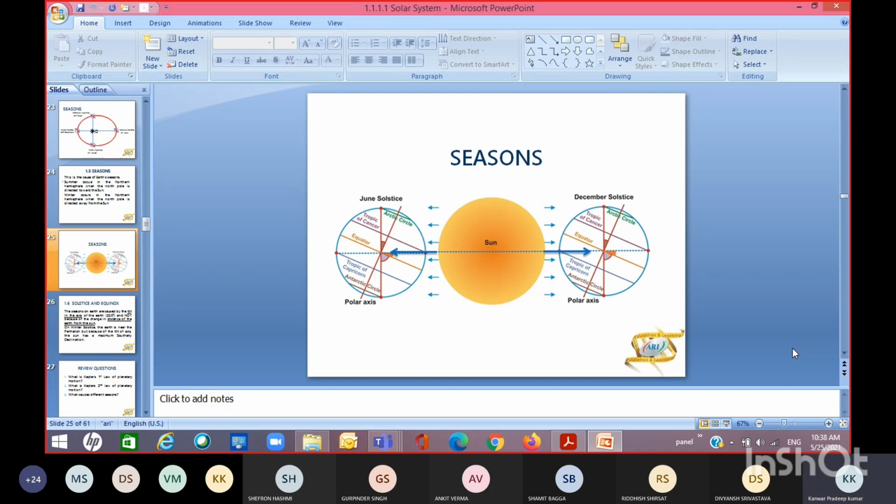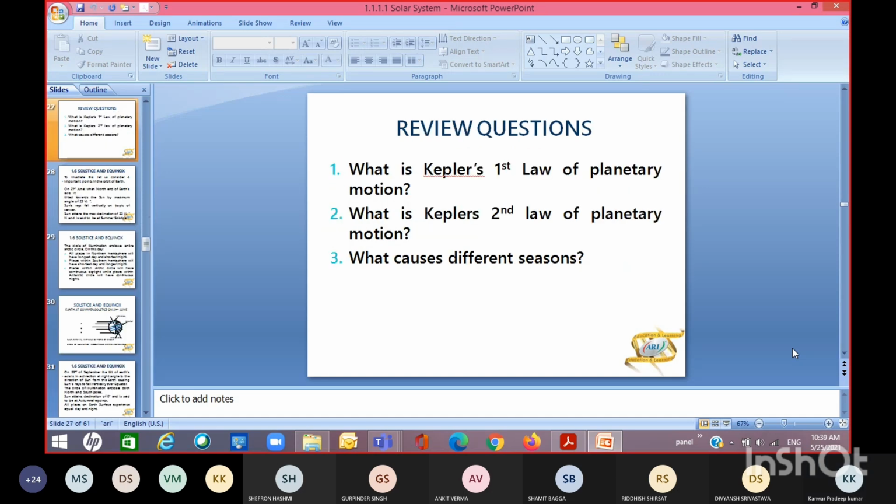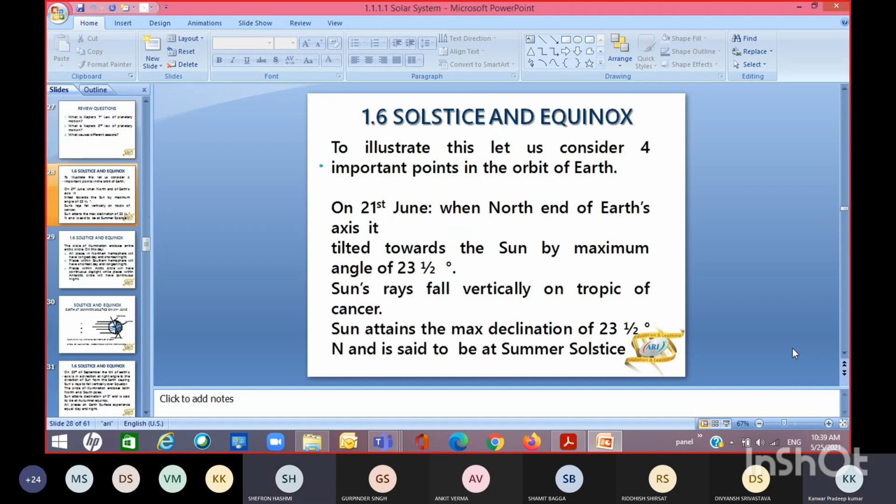And the Antarctic Circle remains illuminated all the time. So by this you got a very clear idea of the length of the day. In northern hemisphere summer the days are longer, nights are shorter. And at the same time in the southern hemisphere, it's winter, so days are shorter and nights are longer. All this we have discussed.